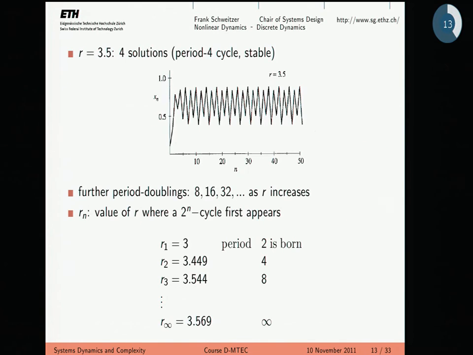Let's move on. If r is 3.5, we suddenly have, again, oscillations, but the period is now of length 4. It's a so-called 4-period cycle. And it's a stable cycle, right? So unless you shock the system, it will always oscillate like this. Look at this: 1, 2, 3, 4, 1, 2, 3, 4.